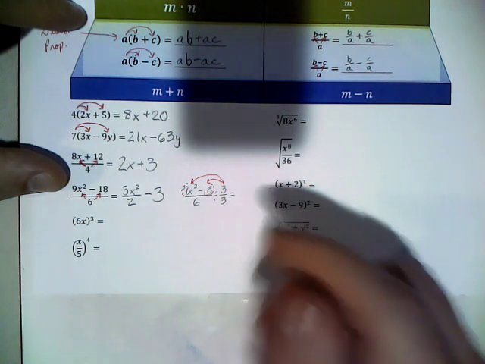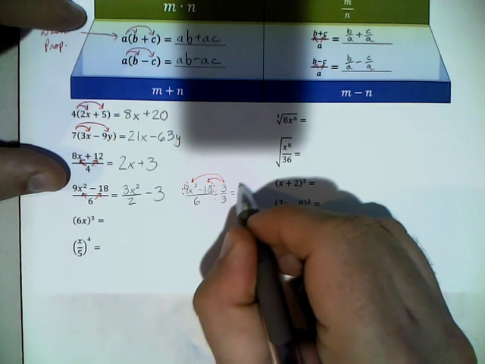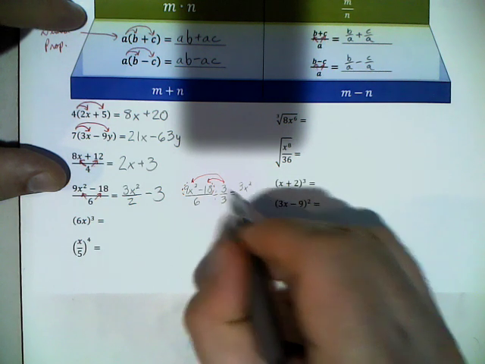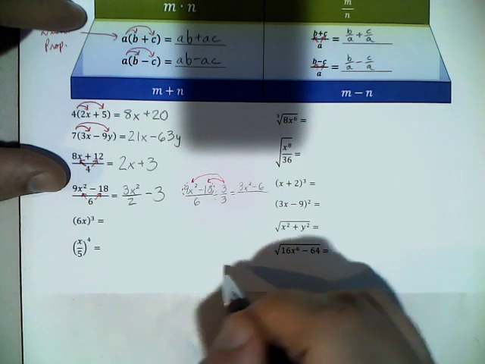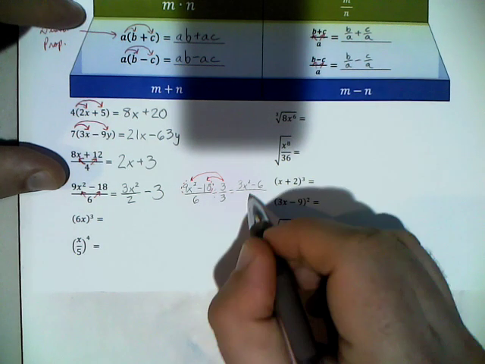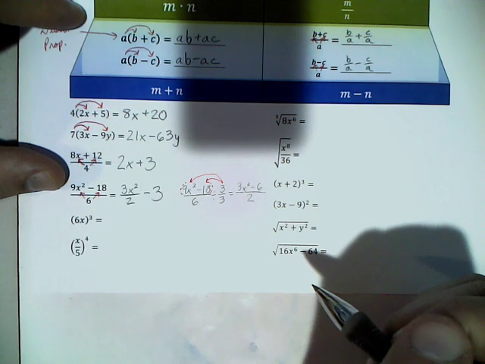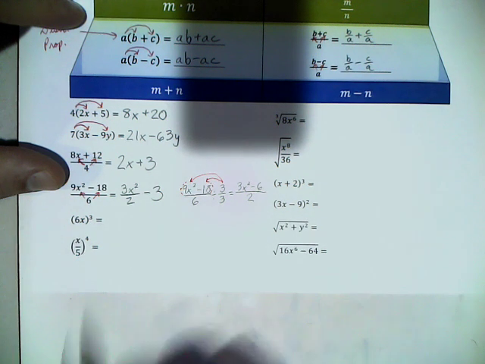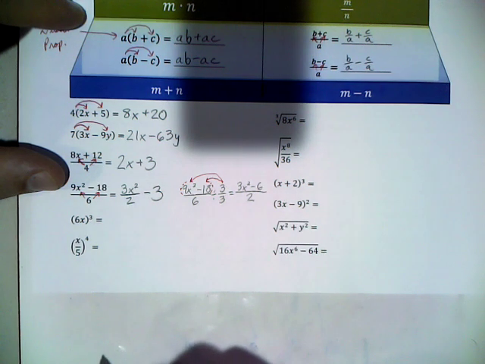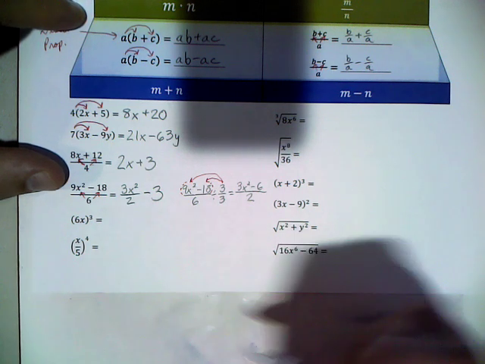So if I do that, I'm going to have a 9x squared divided by 3, which will give me a 3x squared. And I'll have an 18 divided by 3, which will give me a minus 6. And then on bottom, 6 divided by 3 would give me a 2. And so both of these could be two different ways that we could simplify this. They would both be acceptable potentially.